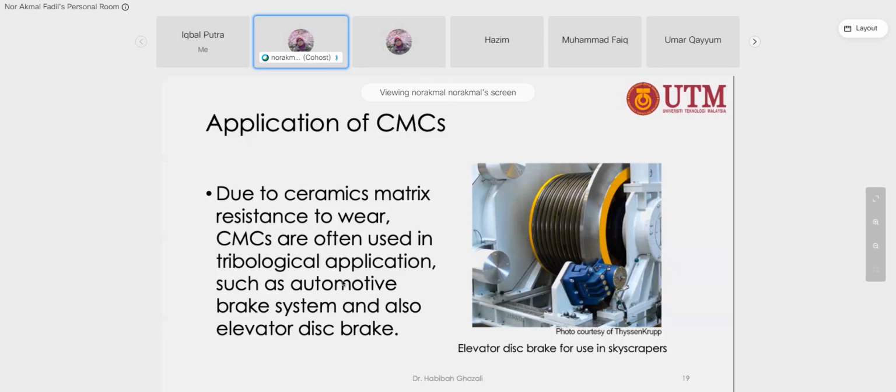But if the matrix material is made of ceramic, then you can utilize the hardness properties, and hardness always associates with wear resistance. That's the reason CMC is widely applied for these applications, for example, brake systems, disc brakes, a tribological application which utilizes wear resistance properties.